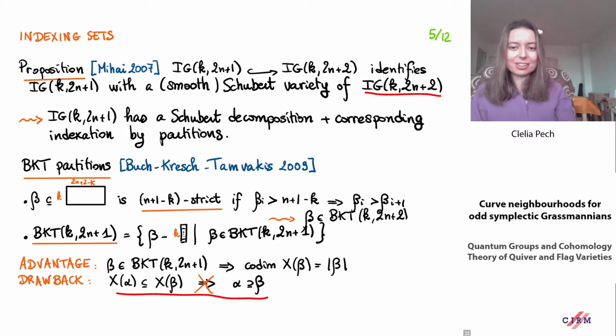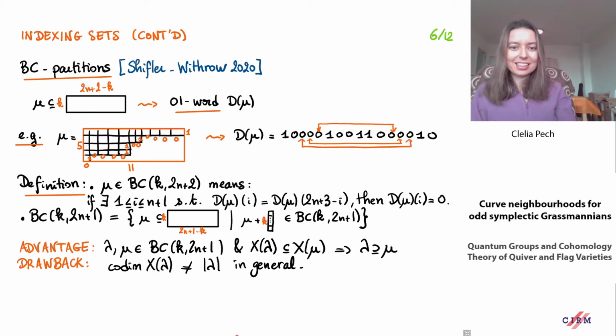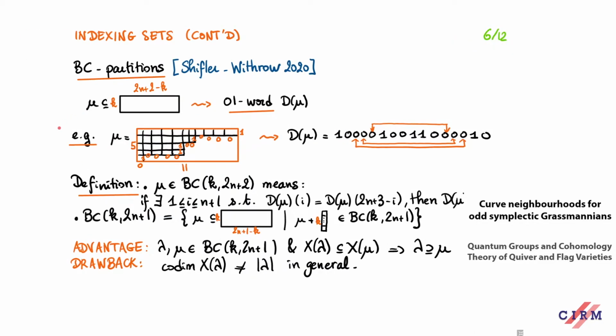Okay, let's go. The second indexing set, these are the BC partitions, and it takes a little bit more explaining to define it, but the idea is similar.